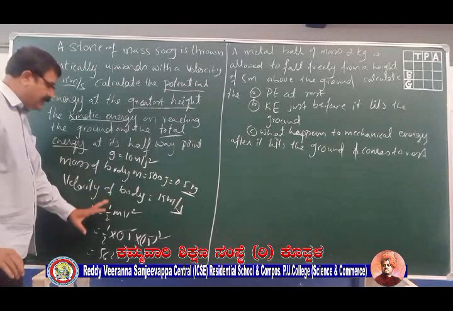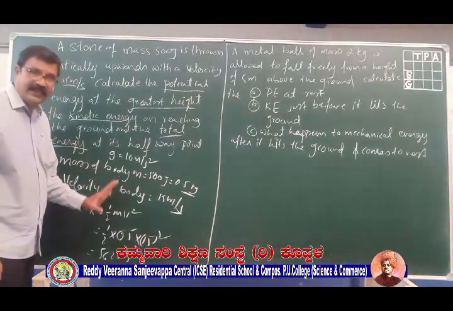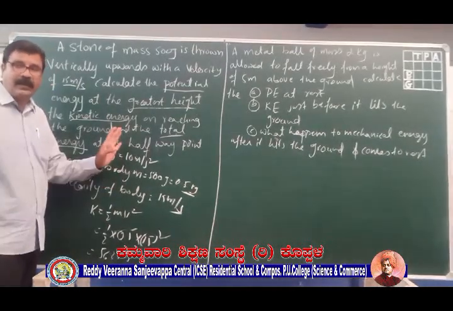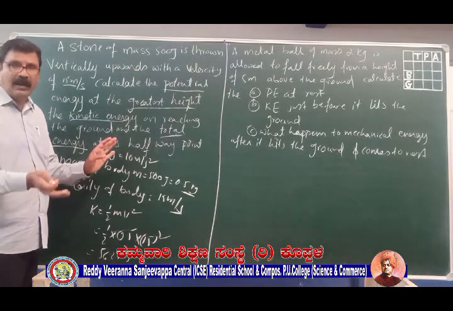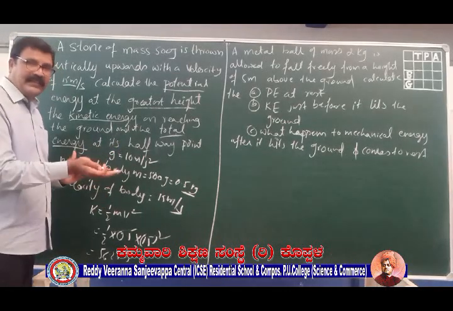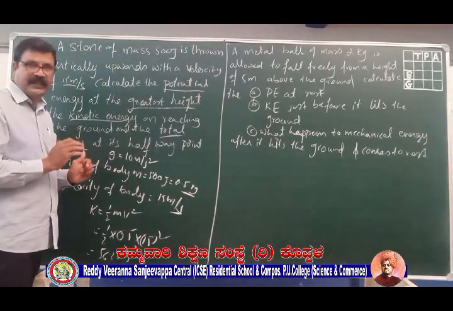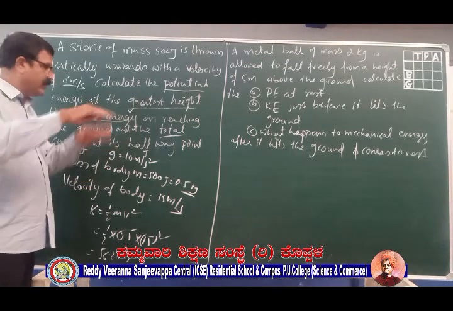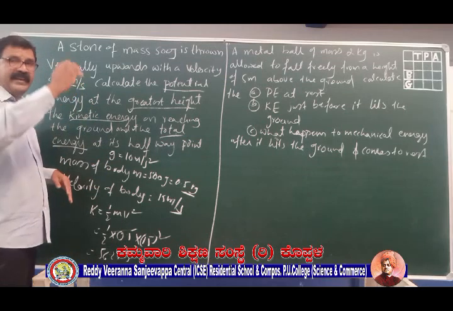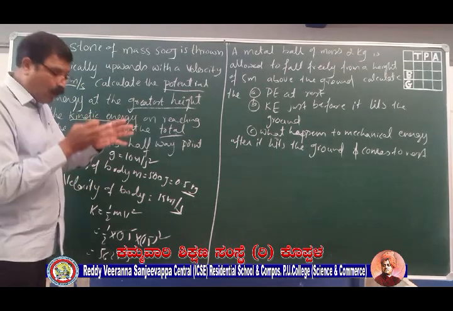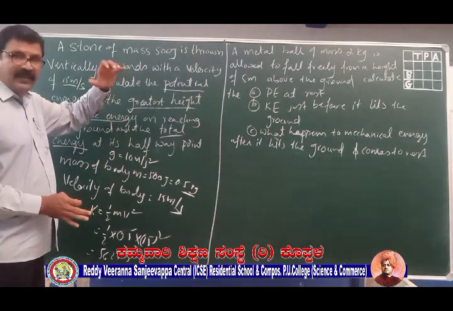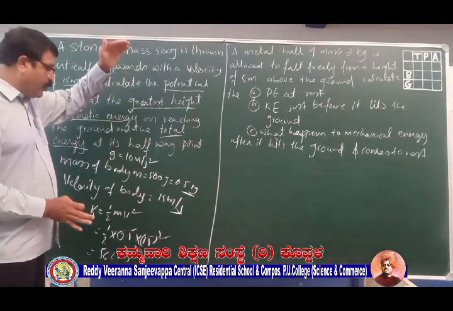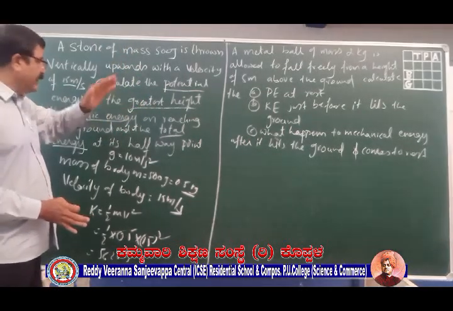Now, this is the kinetic energy with which the ball is thrown up. As you throw the ball up, the kinetic energy will get converted to potential energy. When it reaches the maximum height, the whole of the kinetic energy is converted to potential energy, before it changes its direction and comes back.